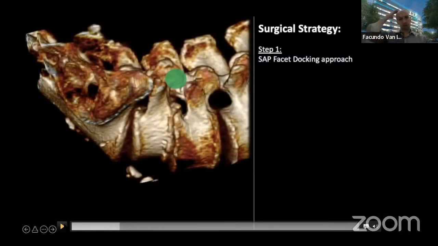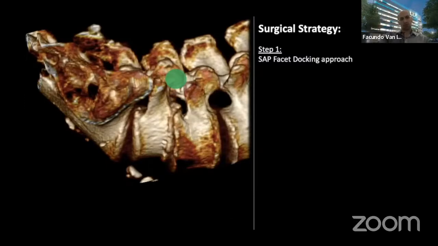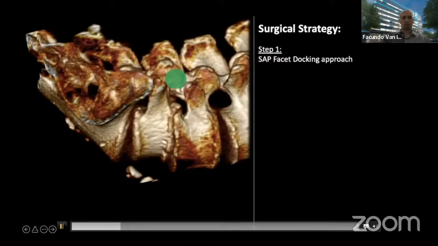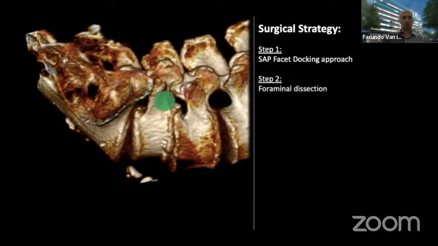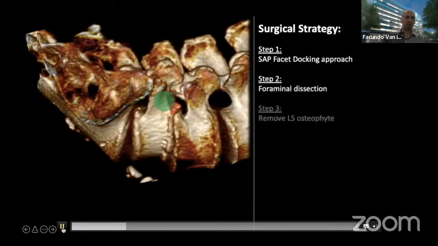So our strategy here was to go first into a safe zone, that's the SAP of L5, and then navigate under endoscopic visualization until we reach the pedicle, and then the L5 osteophyte.